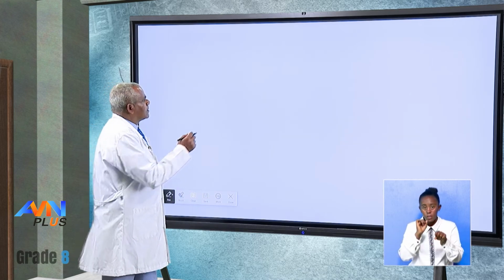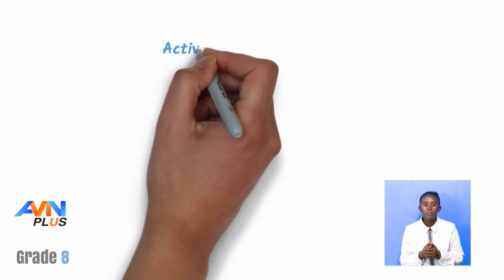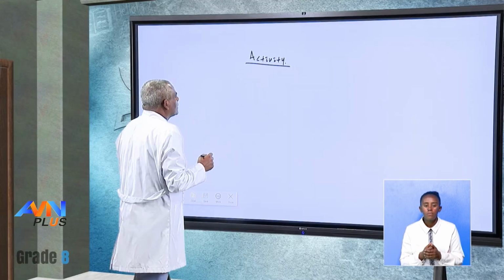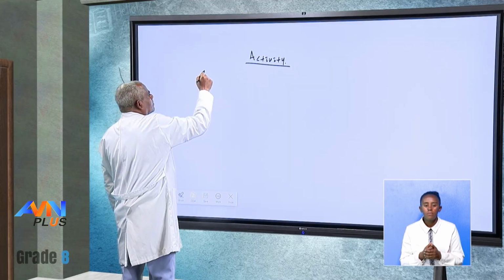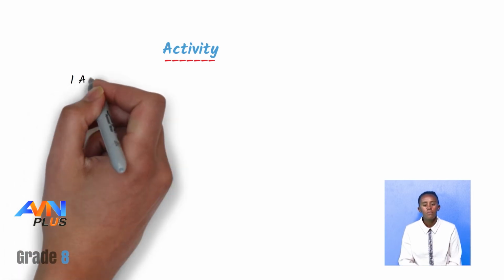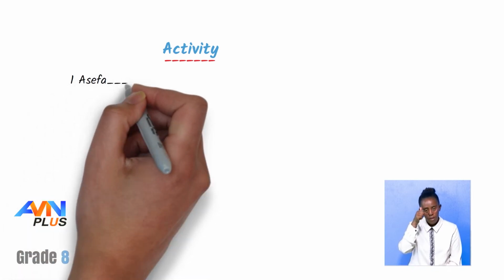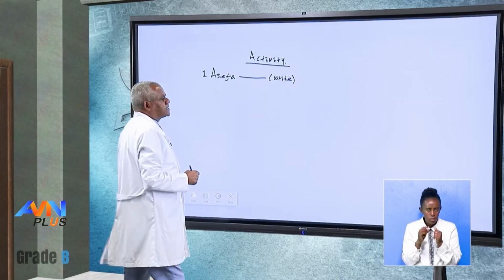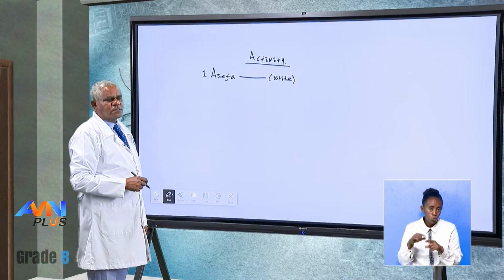So, activity. Good. You are going to insert the appropriate past continuous tense in order to complete the sentence.